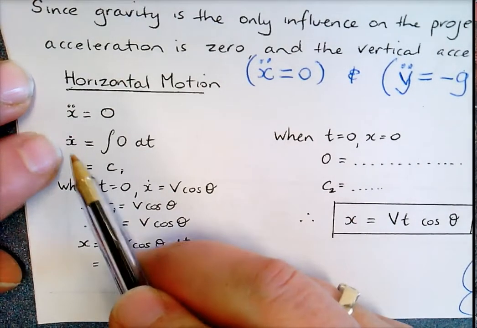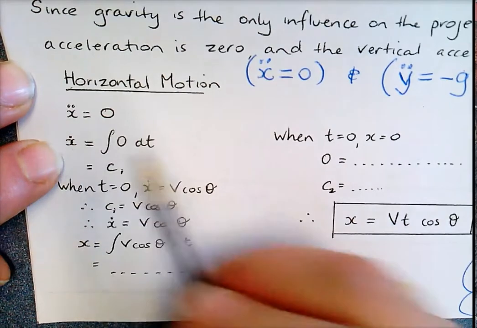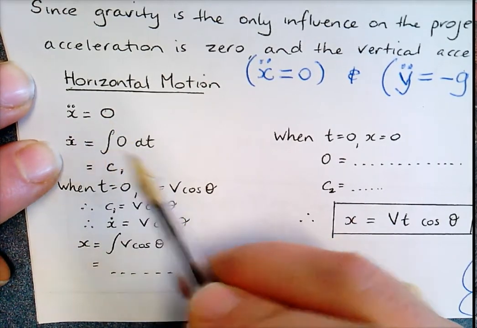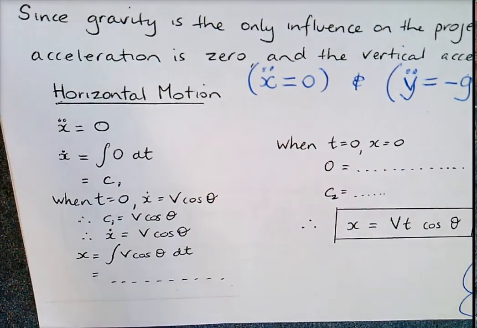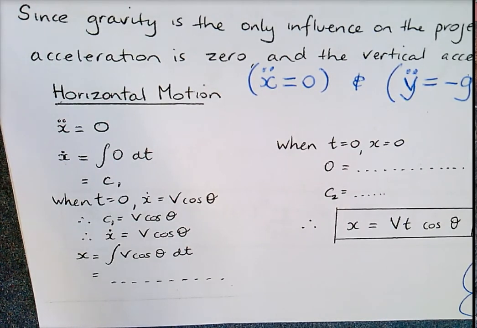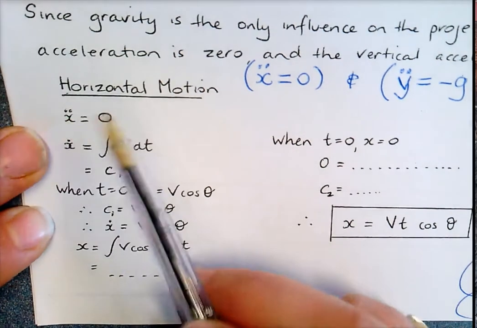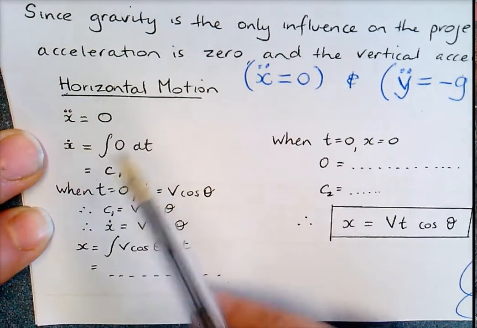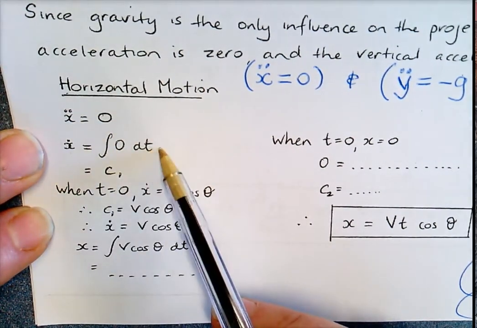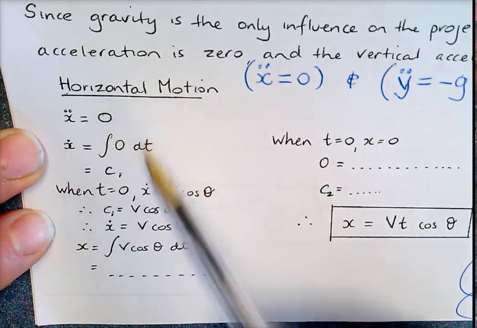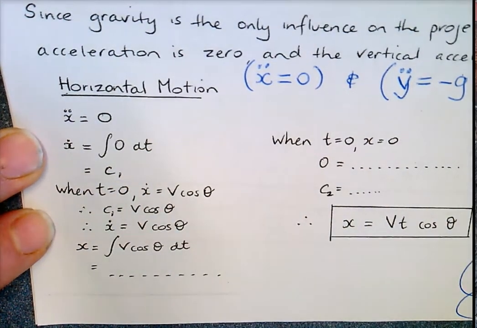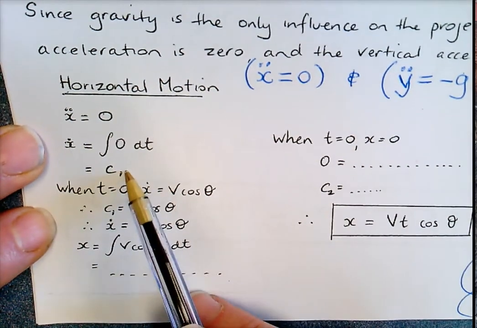Then, to get velocity, which is x dot, isn't that the integral of 0 dt? So girls, we're back to time. We're doing velocity, acceleration, and displacement with respect to time. So acceleration is 0. To work out velocity, you integrate 0 with respect to t, and you get a constant, because if you differentiate a constant, you get 0. But what is that constant?